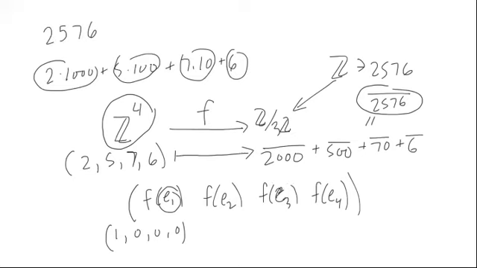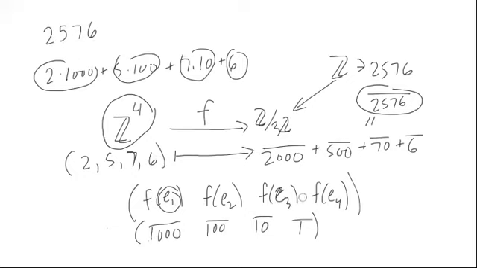So really what we're looking at is a matrix that looks like 1,000 mod 3, 100 mod 3, 10 mod 3, 1 mod 3, in the respective mod that we desire. That's our matrix. And then our input is going to be represented by a column, such as (2, 5, 7, 6).